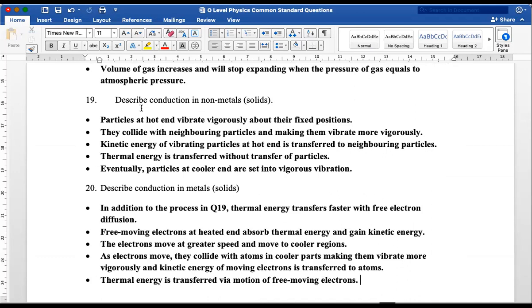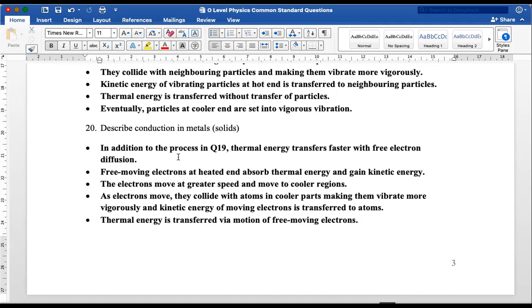Kinetic energy of the vibrating particles at the hot end is transferred to neighboring particles. Thermal energy is transferred without transfer of particles. Eventually, particles at the cooler end are set into vigorous vibrations. That explains how conduction takes place in solids.